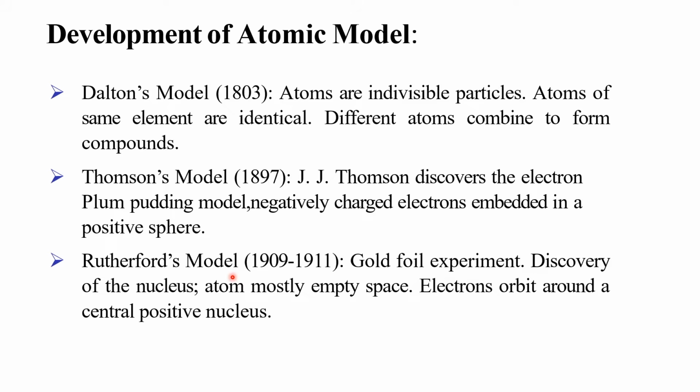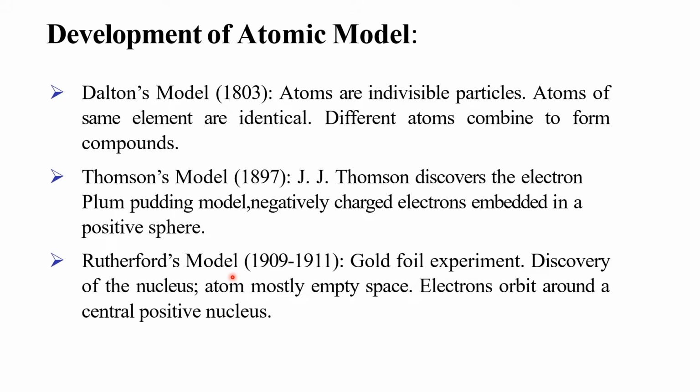So, Dalton's model came first. It says that atoms are indivisible particles, atoms of the same element are identical, and different atoms combine to form compounds. Then came Thomson's model. Thomson discovered the electron, with the plum pudding model, in which negatively charged electrons are embedded in a positive sphere.